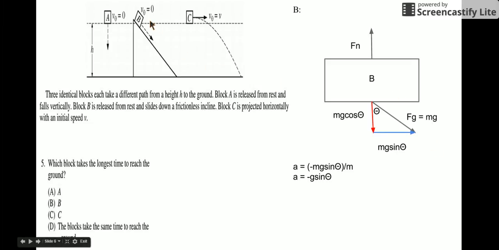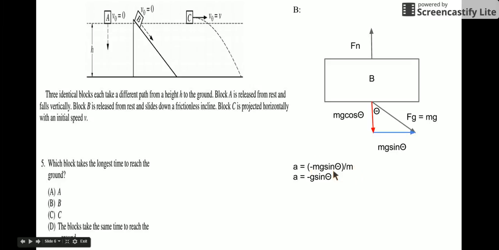Now, because this block isn't being pushed off from the incline or pushed into the incline, we can assume that this vertical component of gravity would cancel out with the normal force. So that leaves us with mg sine theta, the horizontal force of gravity. So we can resubstitute this back into the equation. Acceleration equals mg sine theta divided by the mass.